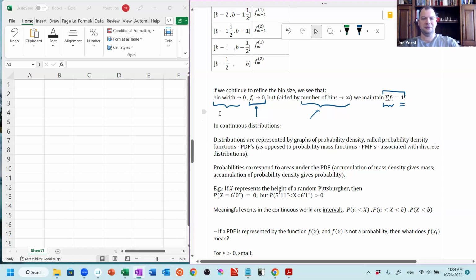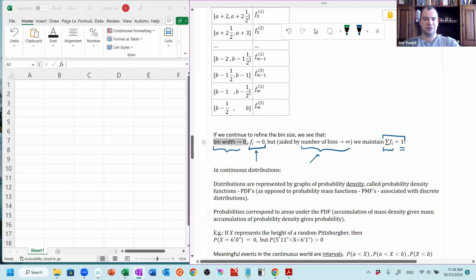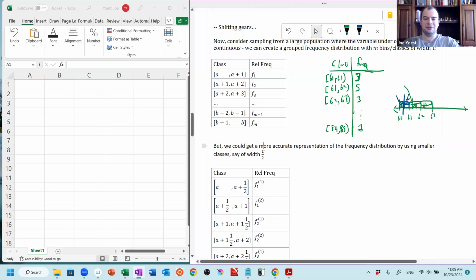If you're interested, you can read about Zeno's paradox on Wikipedia or something. But some of these things don't seem right. How can each bin be width 0, so there's no space for any bin to include any outcomes, but somehow when we add across all the bins, we accumulate all of the outcomes? That's the magic in some sense of calculus. Not magic, it's just philosophy and logic, but sometimes it seems like magic.